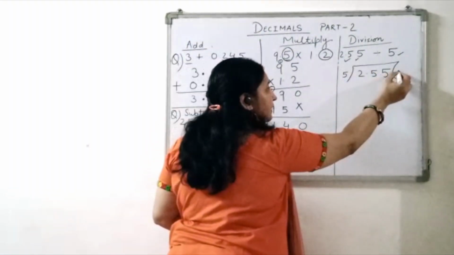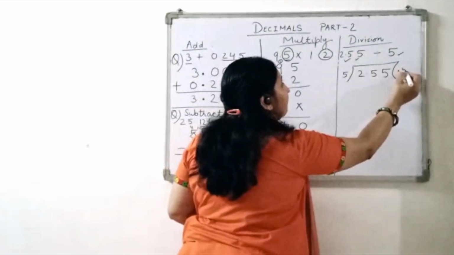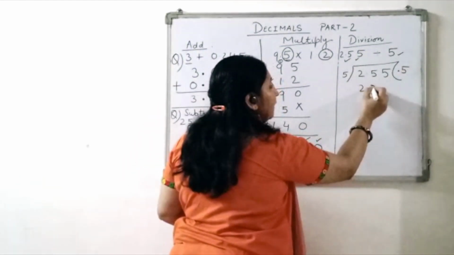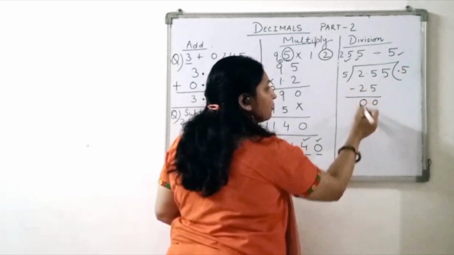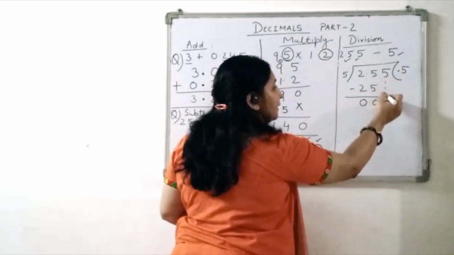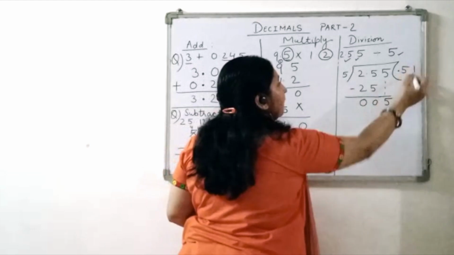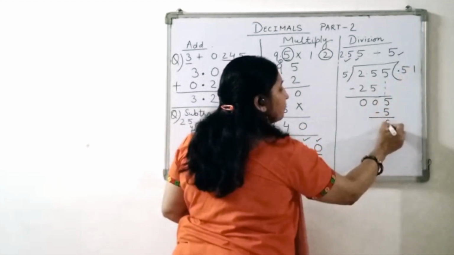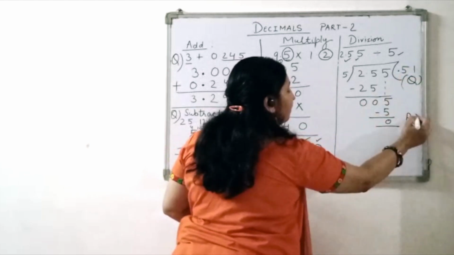So you put this decimal and then you can consider 25. Now it will be 5 5s are 25, and now 5 minus 5 is 0, 2 minus 2 is 0. Here, as a rule, this 5 will come down. Yes, and now 5 1s are 5 and this will be 0. So this is your quotient and this is your remainder.